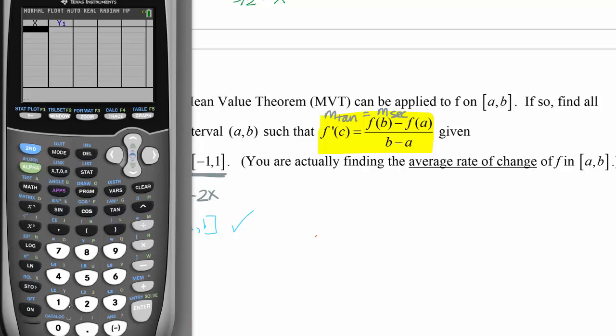So the first x value I want to calculate is -1, and the second is x equals 1. So, oops, I didn't remember what they were. So -1, 0 is going to be one of them, and 1, -2.